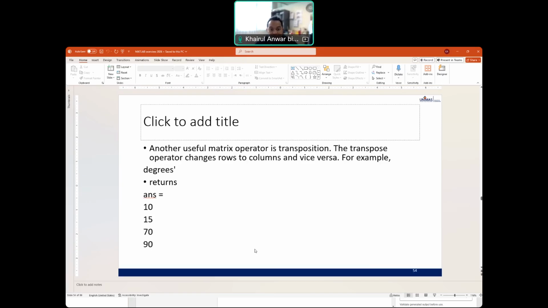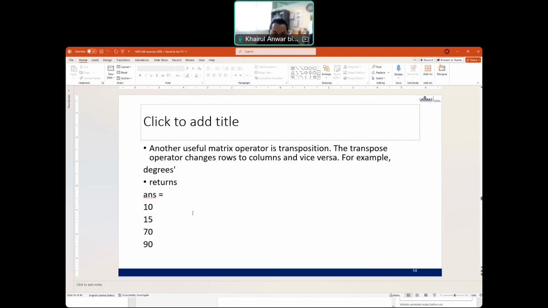Another useful matrix operator is transposition. The transpose operator changes rows to columns and vice versa. For example, degrees.